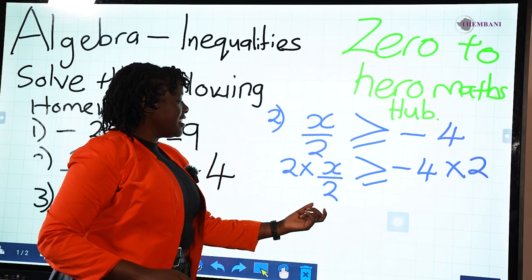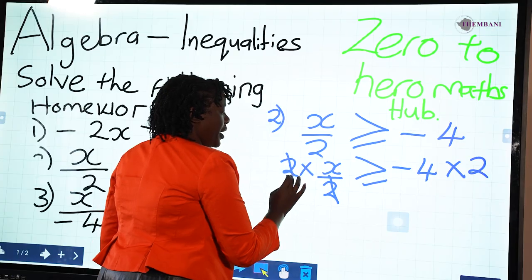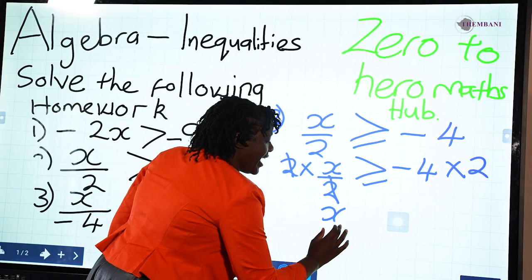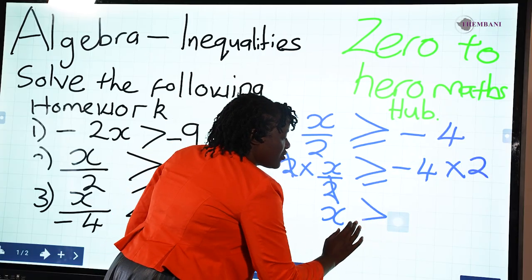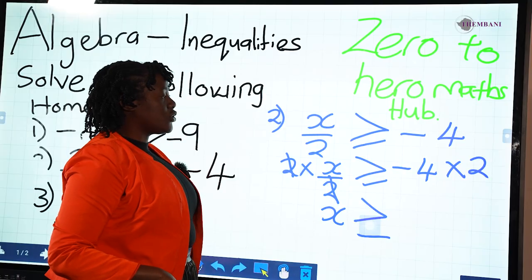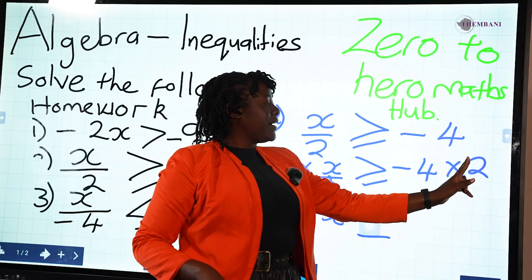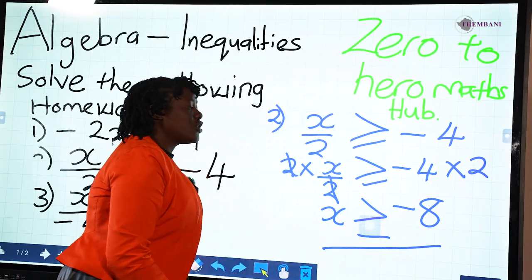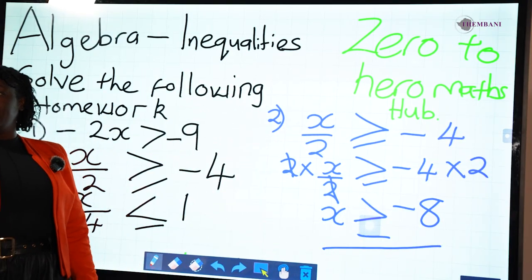If we divide these 2 by these 2, we get a 1, and 1 multiplied by x gives an x. Our x is greater than or equal to negative 4 multiplied by 2, which gives us negative 8. We have solved this inequality.